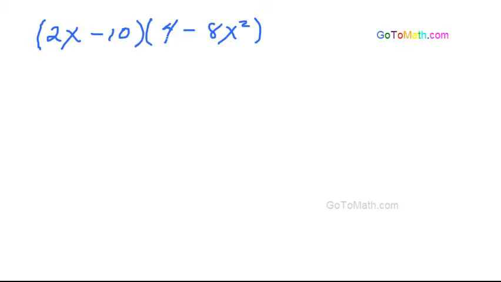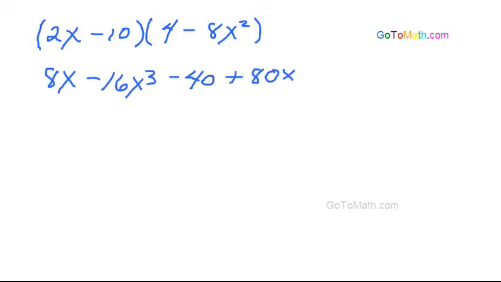We've got 2x times 4 is 8x. And then 2x times, we've got this minus 8x squared, so that's going to be minus 16x cubed. Okay. And then we have this minus 10 times 4, that's going to be minus 40. And then minus 10 times minus 8x squared is going to be a positive 80x squared.